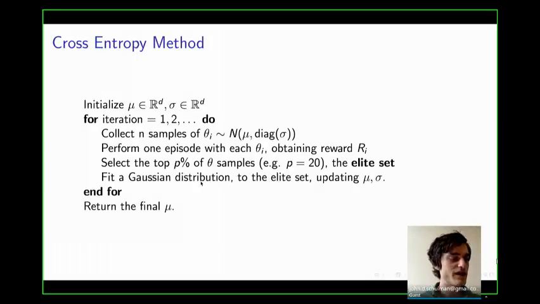So it sort of makes sense that you're just moving your distribution towards the good parts of parameter space over time. And so you keep doing this for a while, and then at the very end, after you've done all of your iterations, you return the final mean parameter, which is your best estimate for the optimal parameter.